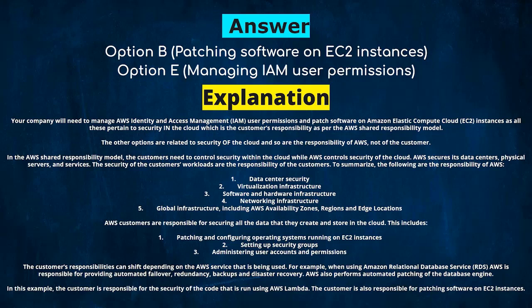For example, when using Amazon Relational Database Service, AWS is responsible for providing automated failover, redundancy, backups, and disaster recovery. AWS also performs automated patching of the database engine. In this example, the customer is responsible for the security of the code that is run using AWS Lambda. The customer is also responsible for patching software on EC2 instances.